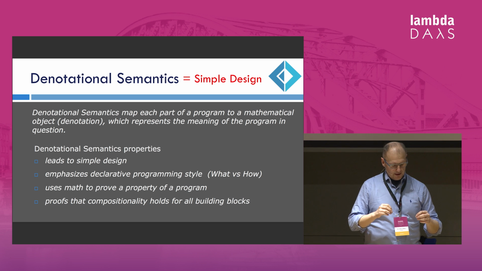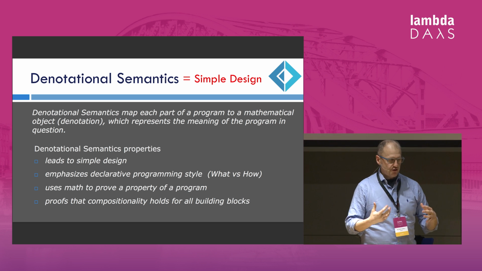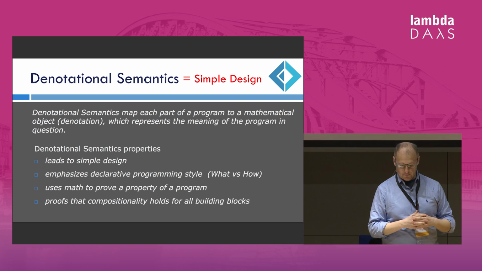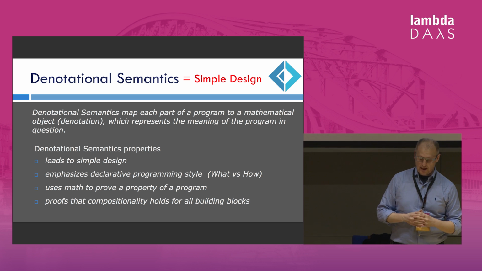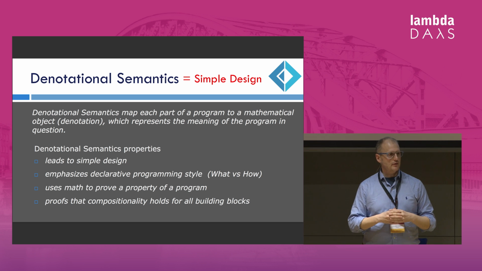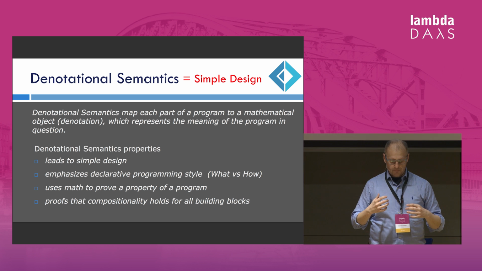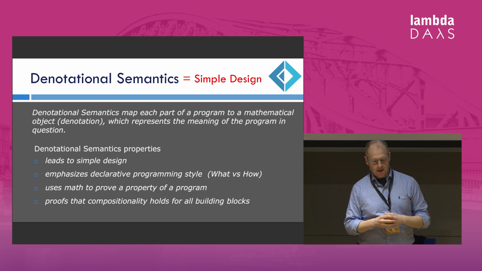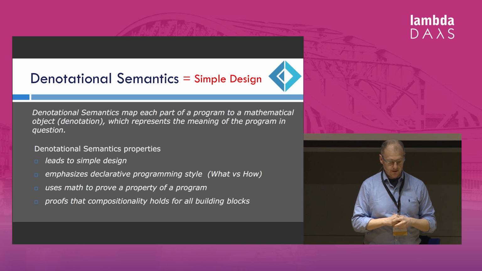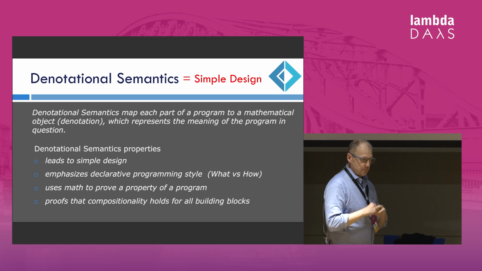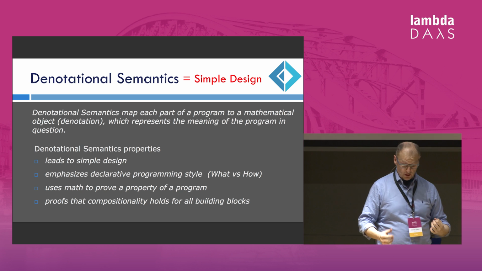But mostly, what he mentioned in his paper is that denotational semantics lead to simple design, and simple designs are easier to reason about. That gives us the opportunity to reason further and more deeply to build a more complete and elaborated library API. So really, the goal here is an elegant semantics, but also reusable abstraction.